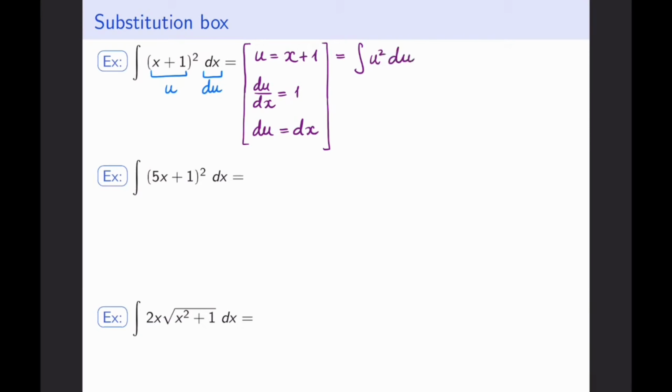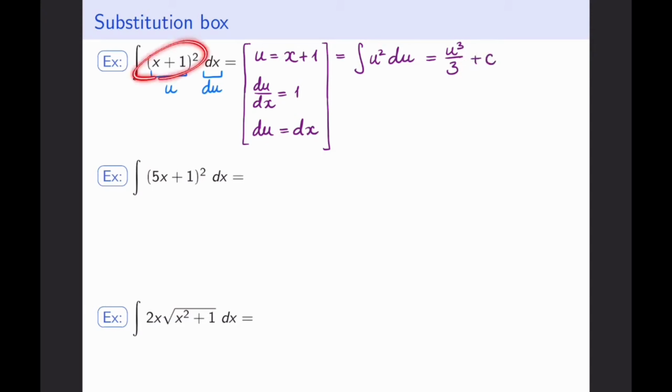Now, once I have that and I'm consistent with my variables throughout, can I integrate this? Well, sure. Now I can apply the power rule because my variable is simply itself. The du indicates that this is in fact the variable I'm working with. So the antiderivative here is a straightforward u cubed over 3 plus a constant.